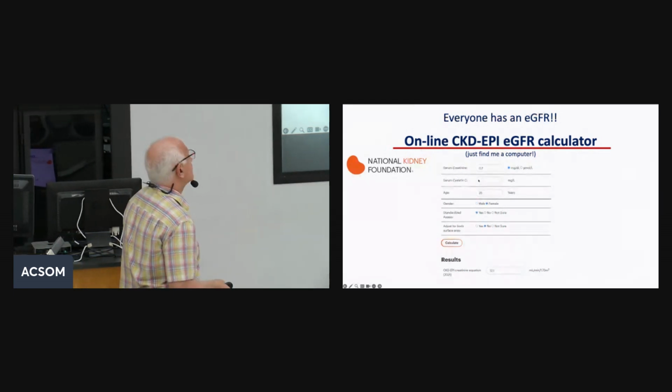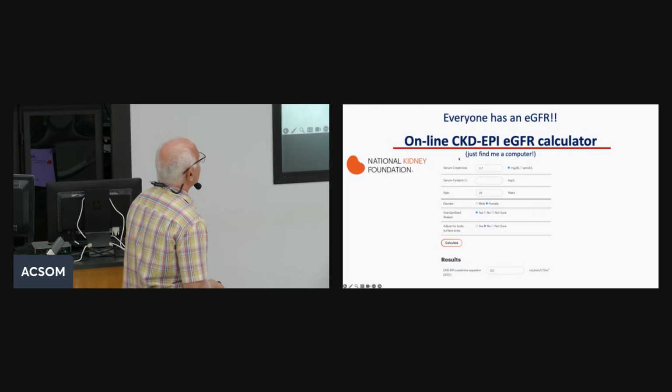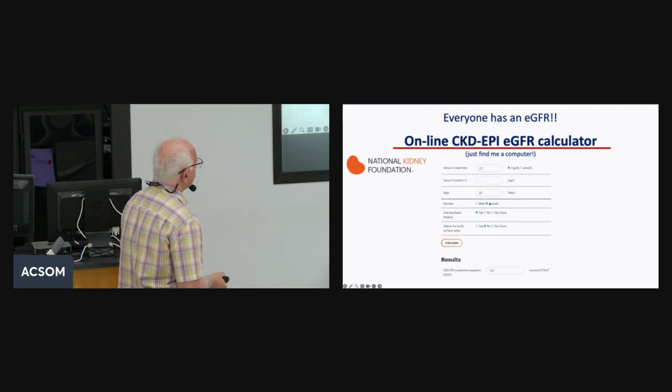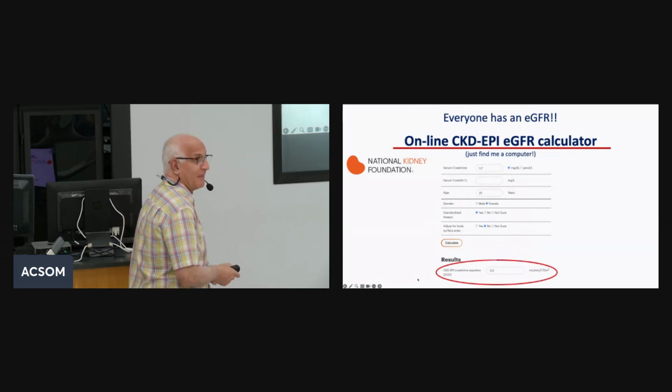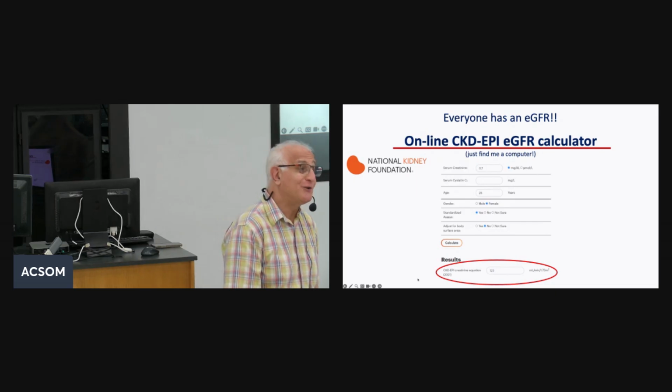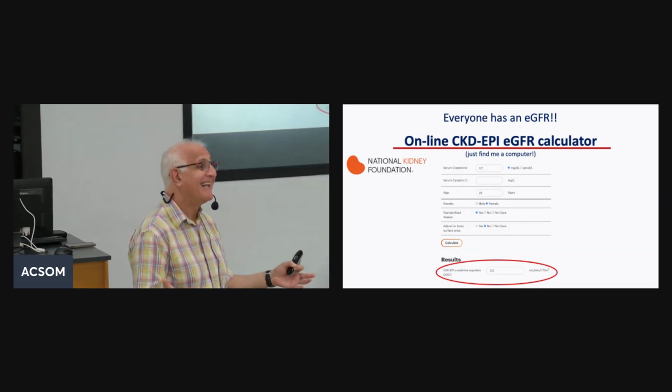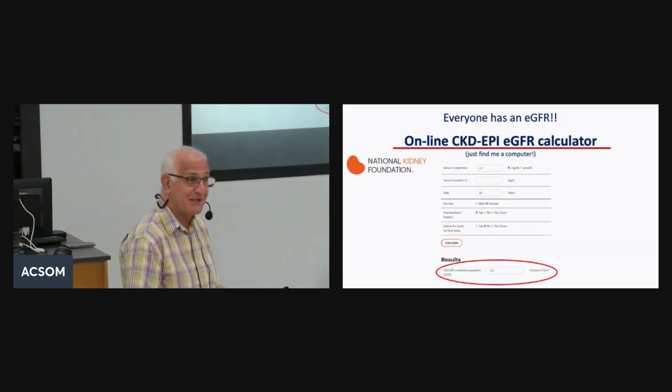You guys have around 0.7 as your serum creatinine if you don't have kidney disease. I put the age at 25. I put a female because many people are female in this classroom. Think about it. What did it come out? CKD EPI of 123. You see? You learn something about yourself.